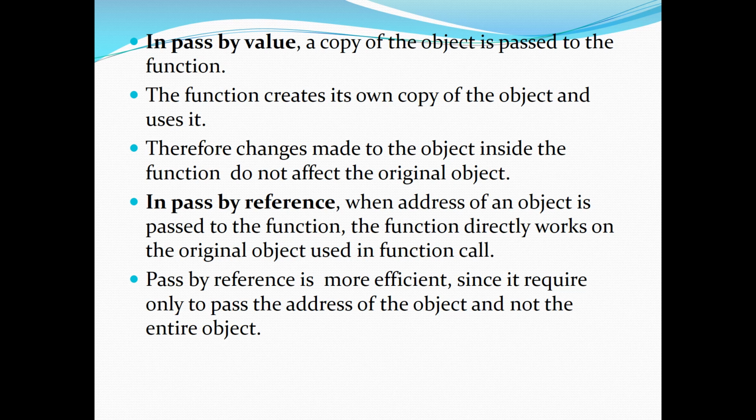The major difference between pass by reference and pass by value is that the modification made to an argument passed by reference in the called function affects the calling function, whereas modification made to an argument passed by value in the called function cannot affect the calling function. Using pass by reference, you can modify the argument value in the calling function.